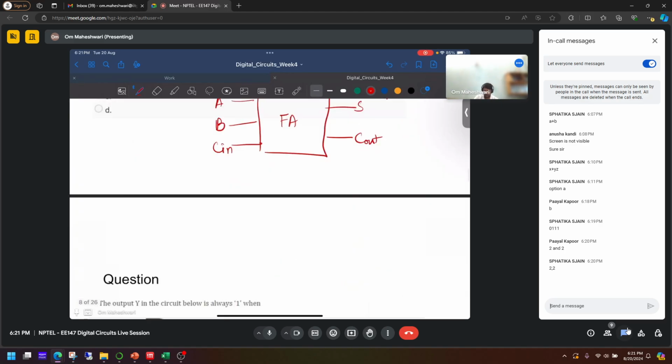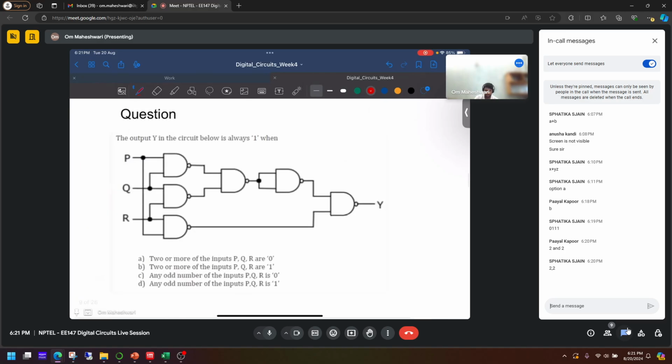Okay, next one. The output Y in the circuit below is 1, when? So, let's try this out: what is the condition when you will always get Y equal to 1?